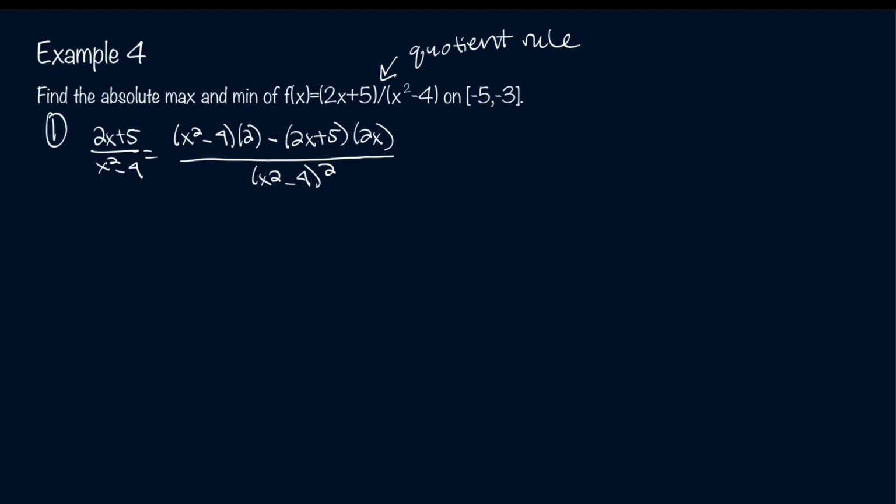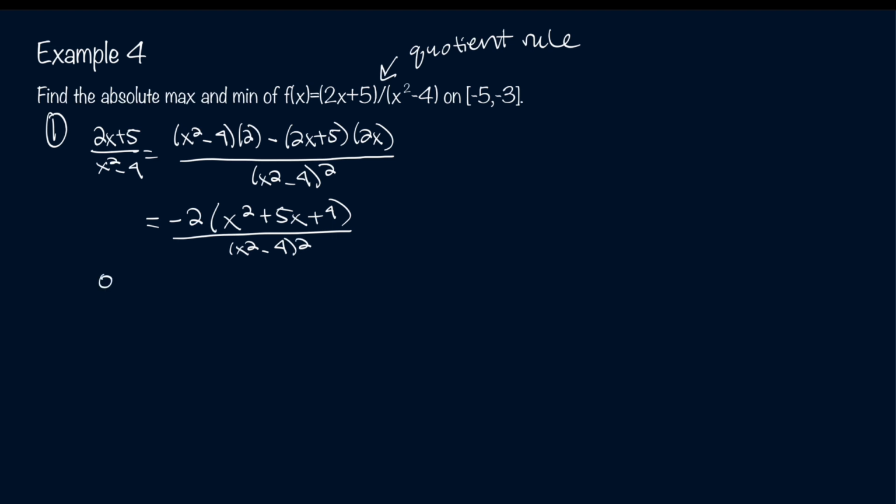And if you need help remembering that formula, feel free to go back and look at our derivative video, which will show you what the quotient rule is. So now we're going to go ahead and simplify this. So negative 2 multiplied by x squared plus 5x plus 4 all over x squared minus 4 squared.